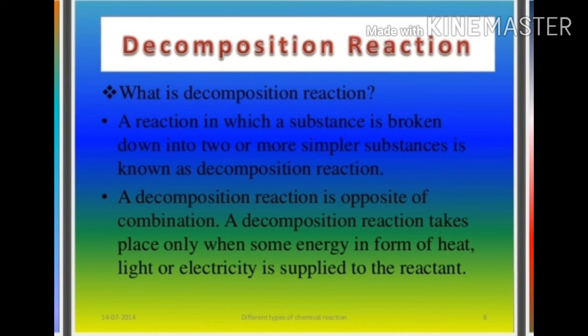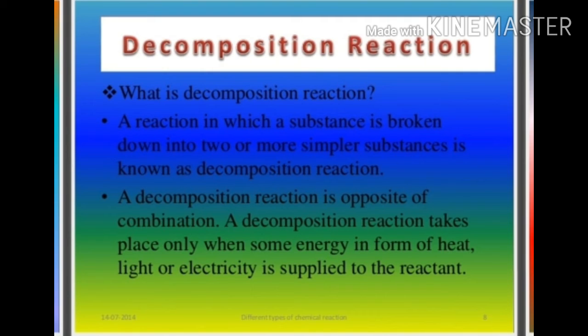Decomposition reaction. The second type of reaction is decomposition reaction. Decomposition reactions are the opposite of combination reactions. A reaction in which a substance is broken down into two or more simpler substances is known as decomposition reaction.